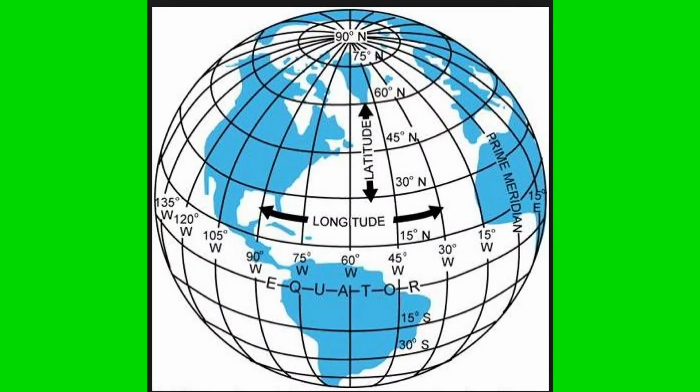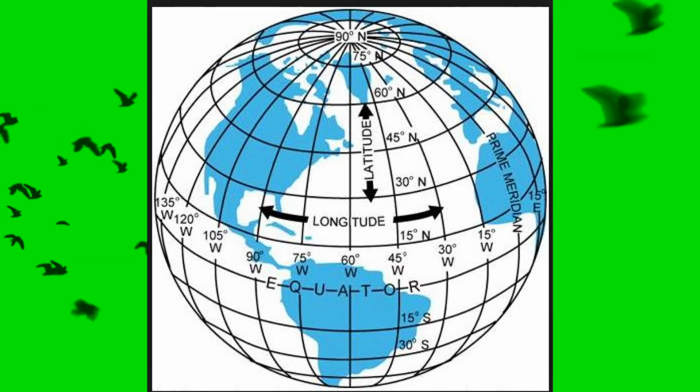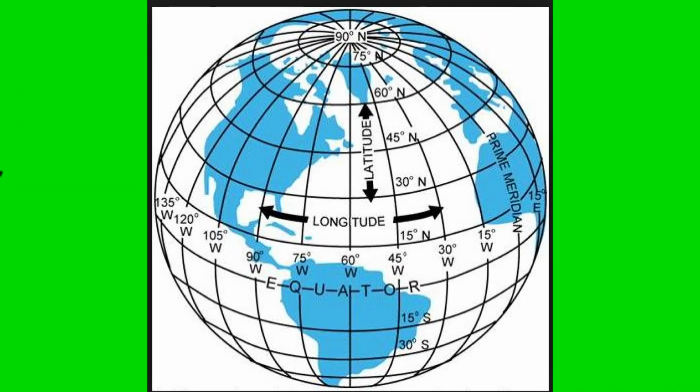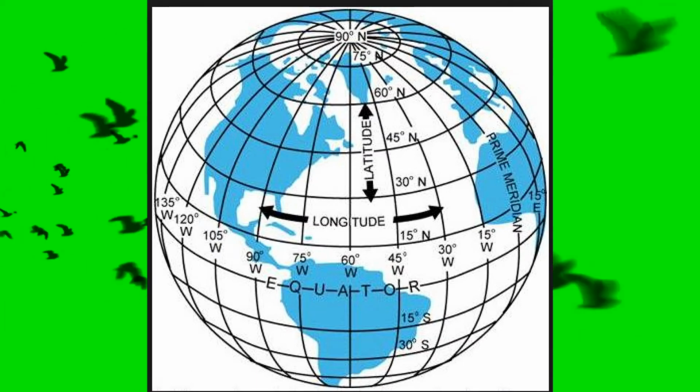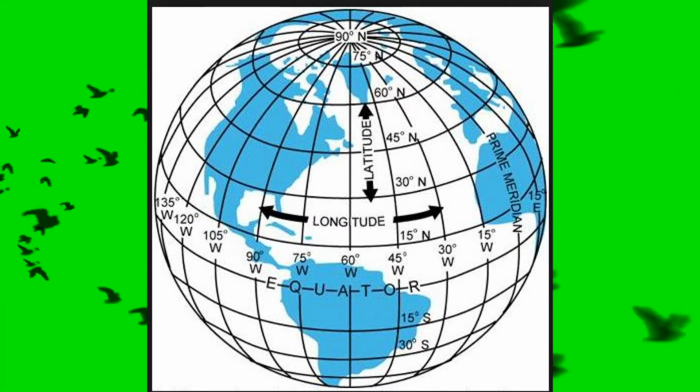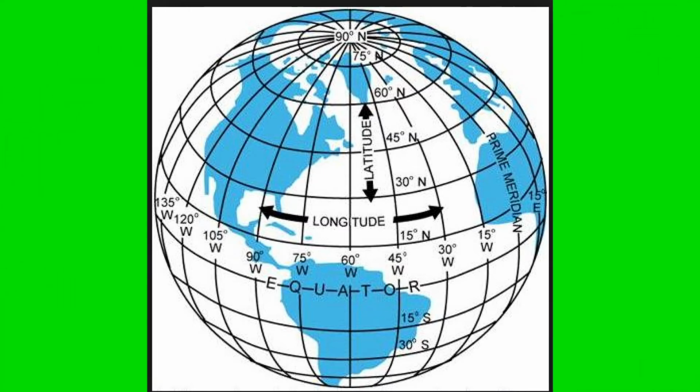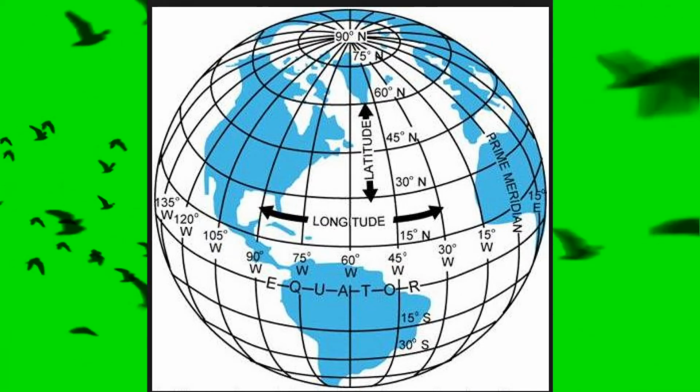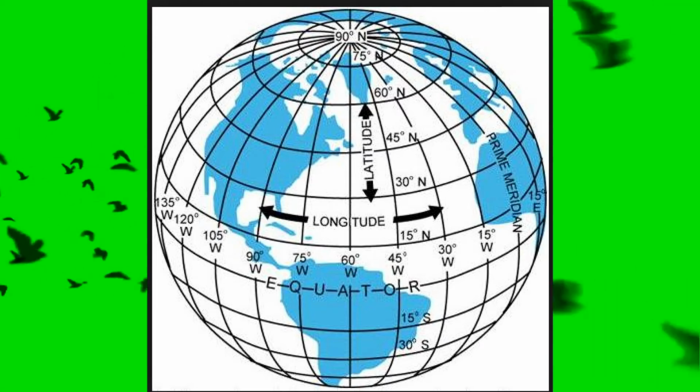You'll see that the maximum distance between two longitudes is at the equator, and the gap between two longitudes starts decreasing as we move towards the pole. किसी भी दो लॉन्गिट्यूड्स के बीच में सबसे ज़्यादा गैप कहाँ होगा? इक्वेटर पे. जैसे जैसे पोल्स की तरफ जाएंगे दो लॉन्गिट्यूड्स के बीच का गैप कम होता जाएगा, and that is because of the spherical shape of the earth.